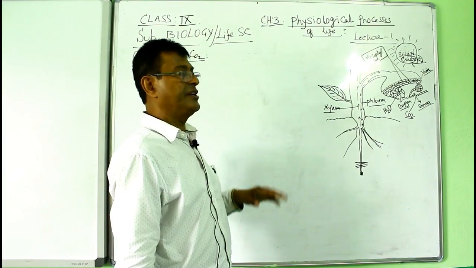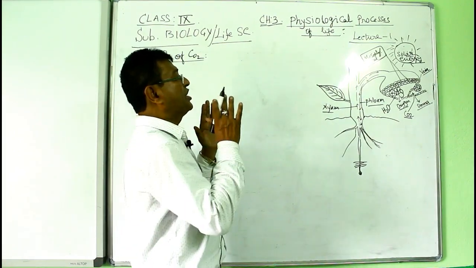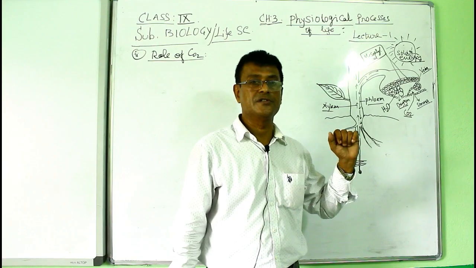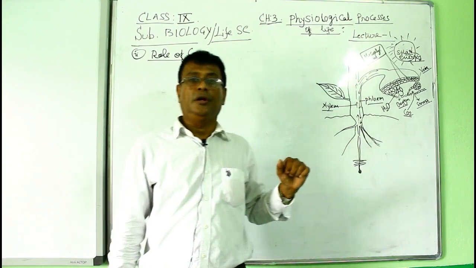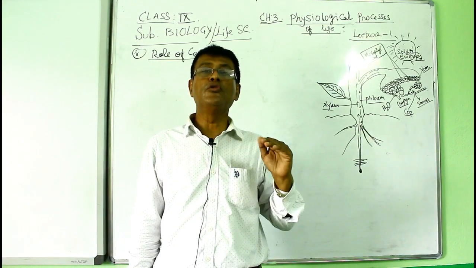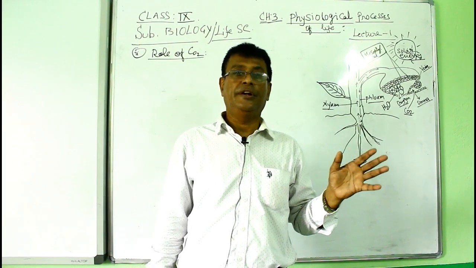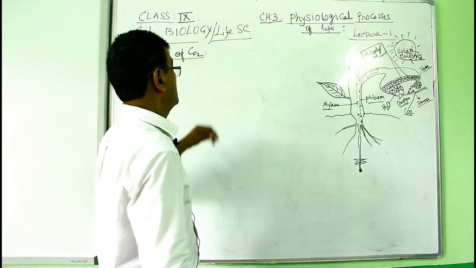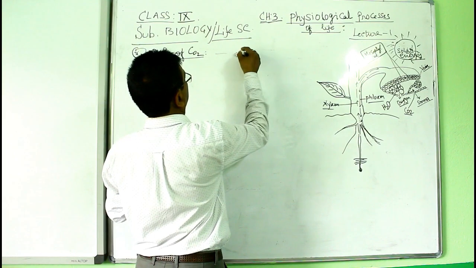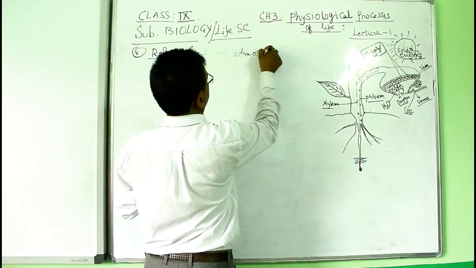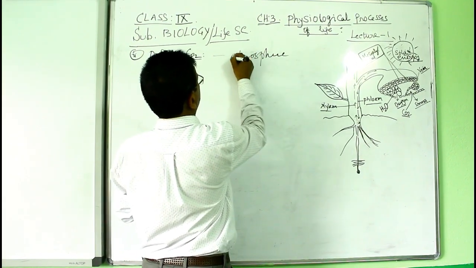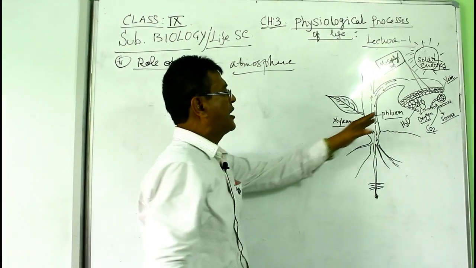Carbon dioxide is a key factor for photosynthesis because the plants produce carbohydrates. The source of carbon dioxide is the atmosphere.